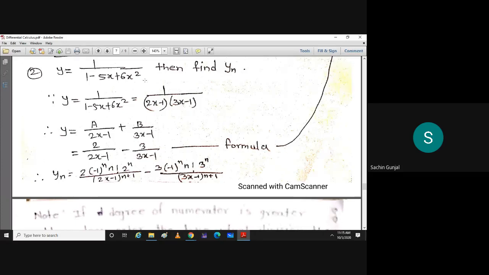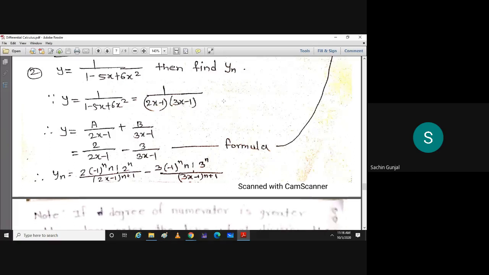So you do partial fractions. The factors of 6x square minus 5x plus 1 are 2x minus 1 into 3x minus 1.